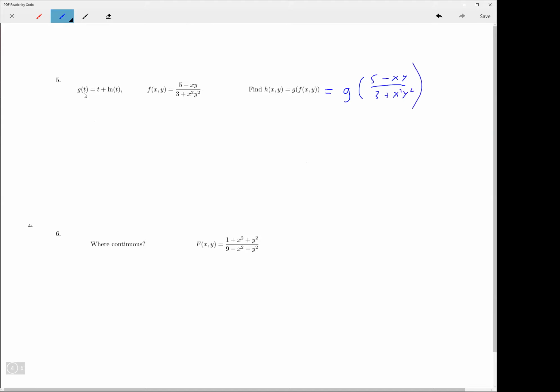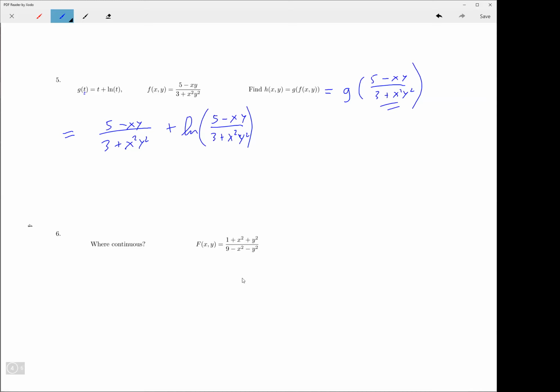And since the t has been replaced with this, we replace these t's with that. I don't think we can simplify it any further than that. So let's go ahead and put that in as an answer and see what WebAssign says.